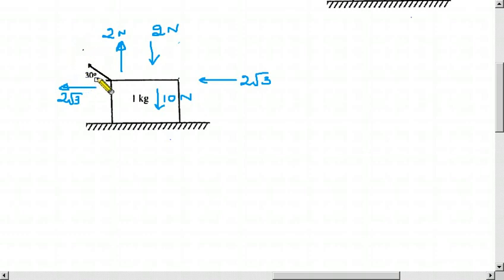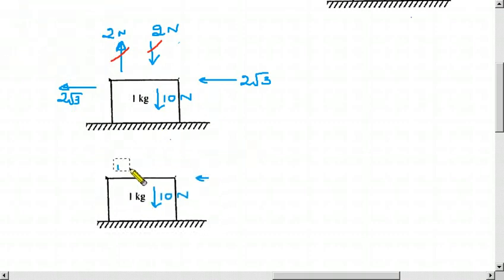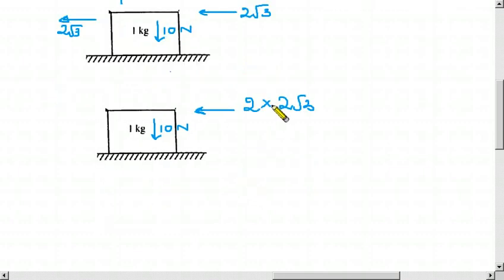So now simplify. These two cancel each other because they are opposite. Magnitudes are same. So finally we get only 10 here. To this way 2 times 2 root 3, because there are 2 forces of same magnitude.